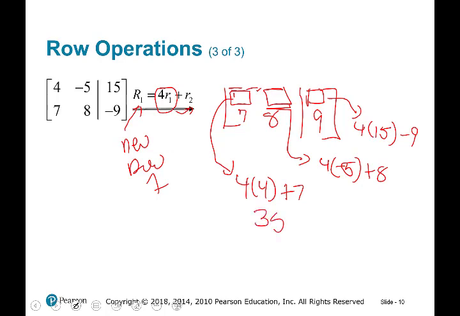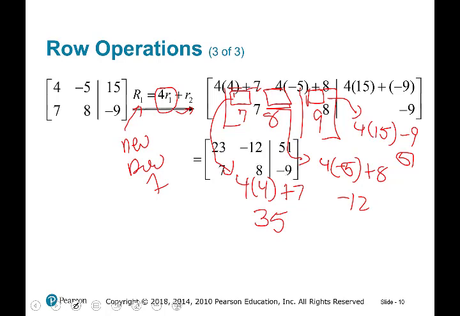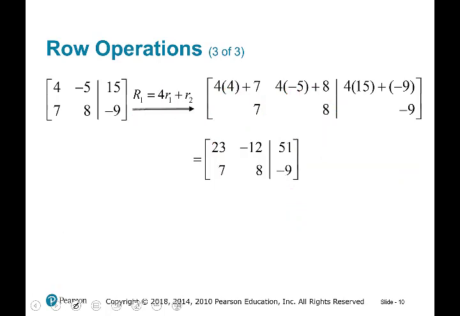This should be 35. This should be minus 12. And this should be 51. Oh, sorry. Sorry, 4 times 4 is 16, so 23. Okay, those are the values that we see right here. Okay, so this is row manipulation. We're going to use that later to eliminate variables.